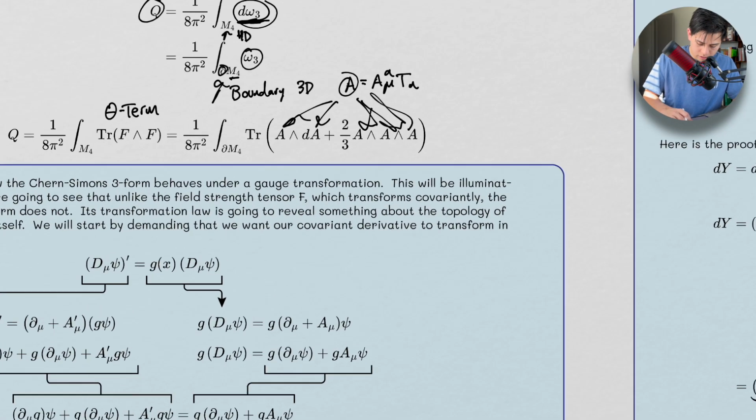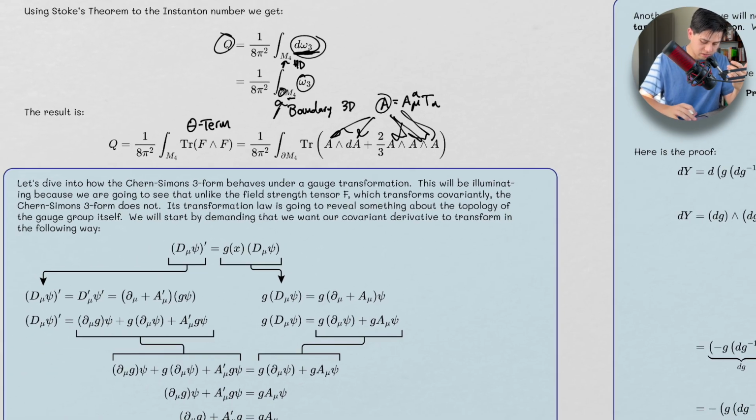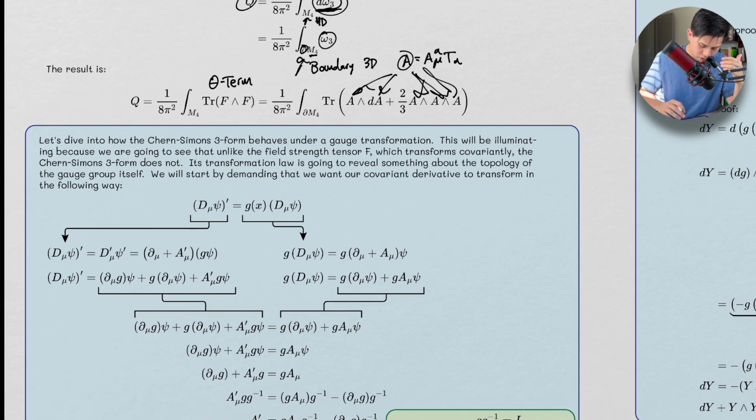So, okay, we have a non-abelian gauge field theory now. We're seeing how it's being integrated into this new narrative of topology through this thing called an instanton number. Now, in the remainder of this video, we're going to start taking a look at how this thing transforms, okay? And then we're going to take a look at how and why this thing is quantized, okay?